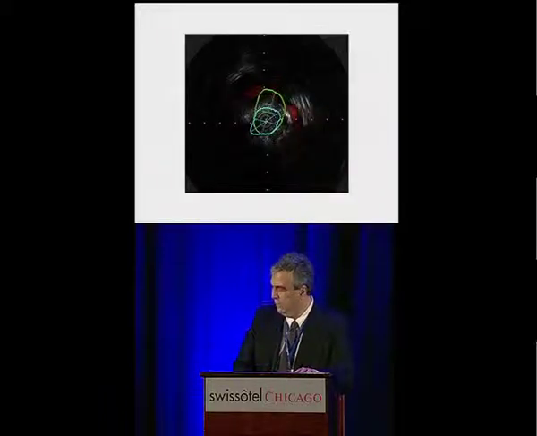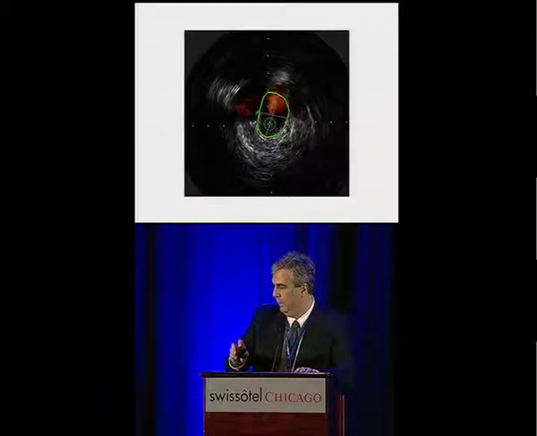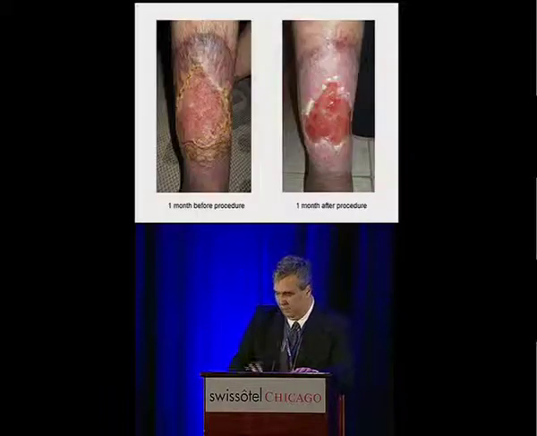This is a patient that we did last week that had a closed popliteal vein, and after the flow-directed lytic therapy, the intravascular ultrasound showed an open popliteal vein. This is pre-procedure.